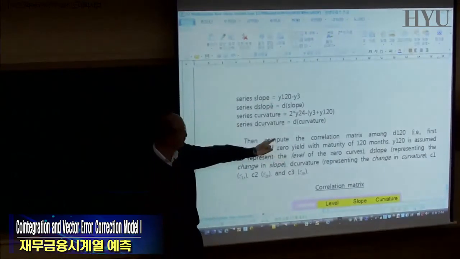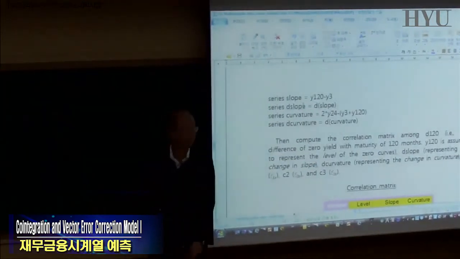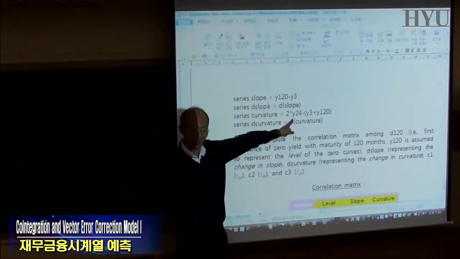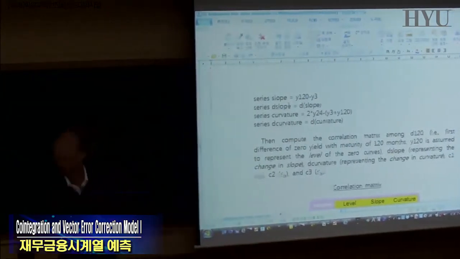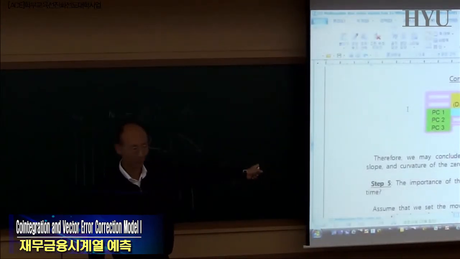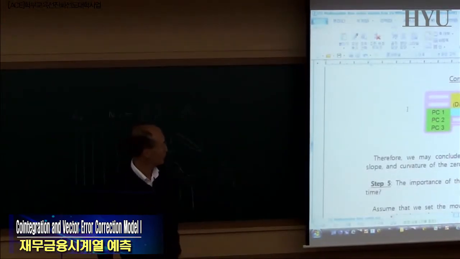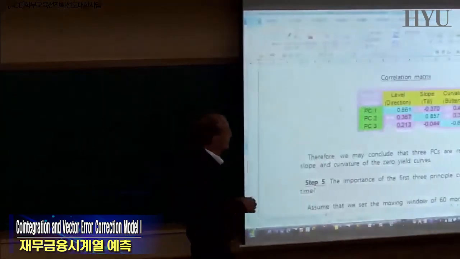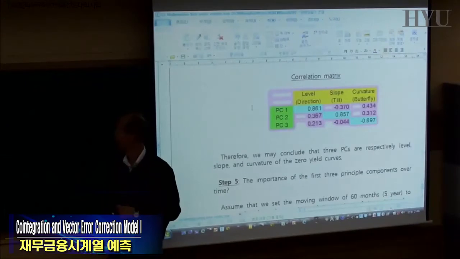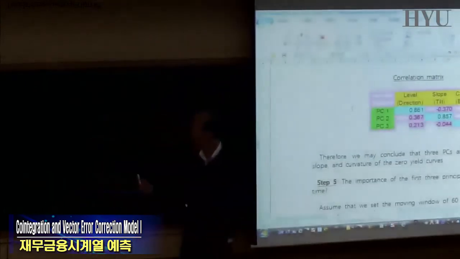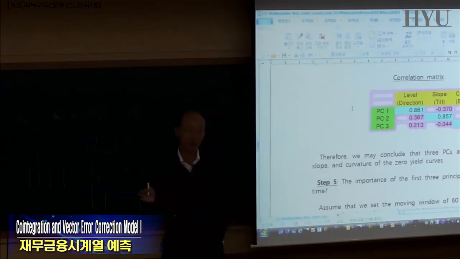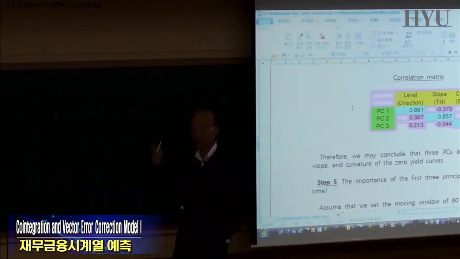The third one here is more likely to be curvature. So this was the exercise for that. If you have these 3 series, then usually you are explaining more than 90% of total variation in the spot curve.